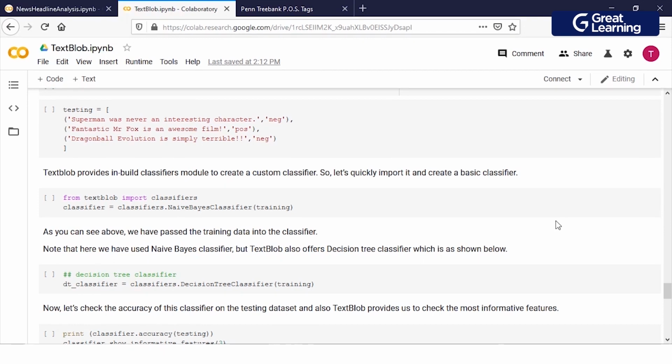So what should I write on the other side? This is how Bayes theorem works. Simple Bayes theorem.